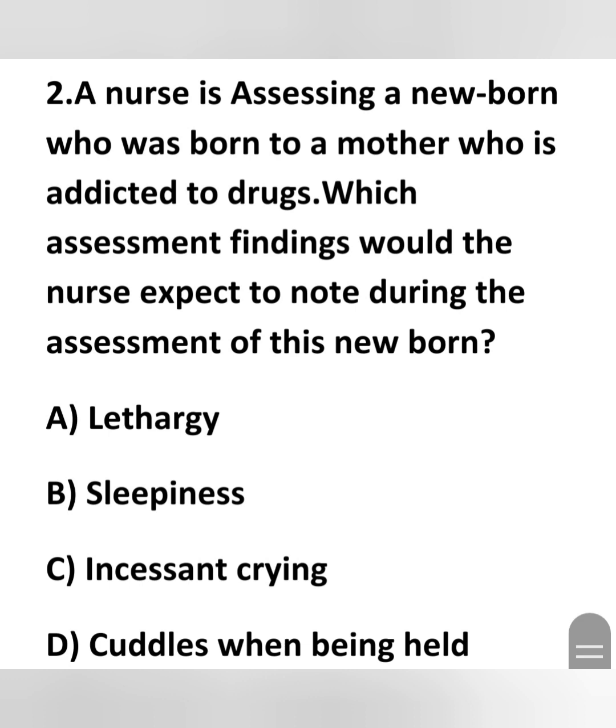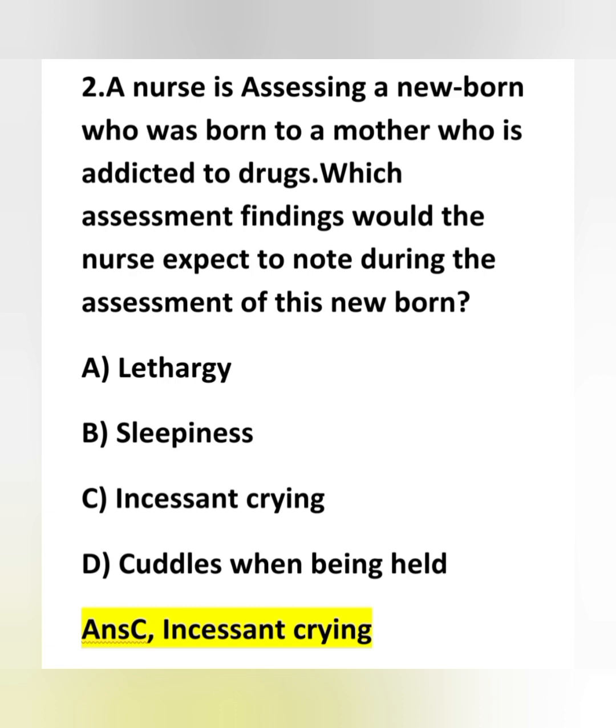That is option C. Infant crying is the correct answer here. Why? Because the infant is easily overloaded by sensory stimulation due to the drug effect. With this stimulation the baby will feel irritable and start crying always. That is option C, infant crying, is correct here.